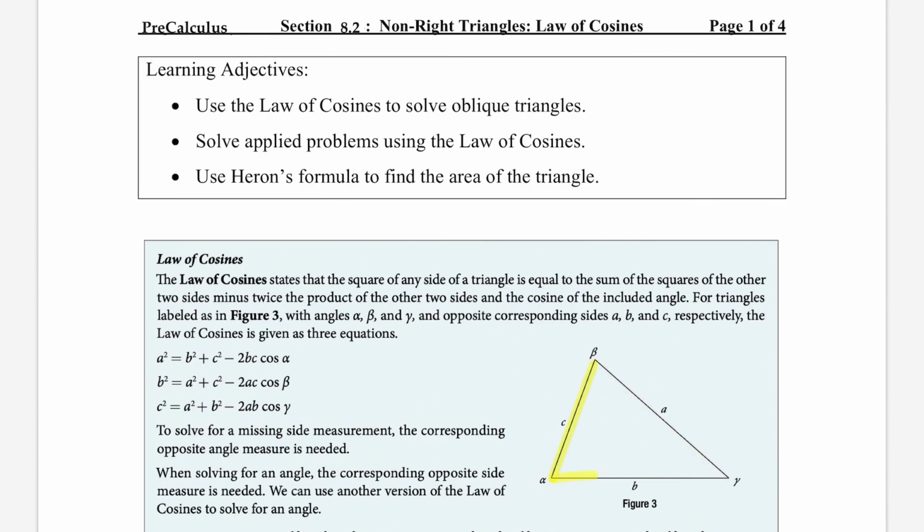And if I have side C, side B, and angle alpha, I will have A squared equals B squared plus C squared minus 2BC times cosine of alpha. So this is my law of cosines.